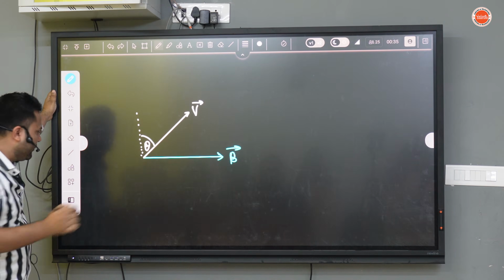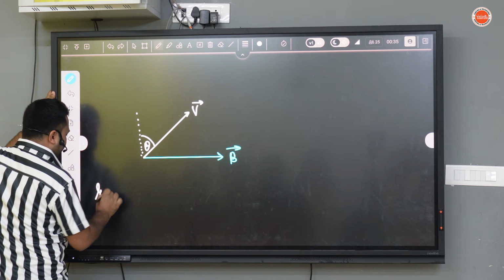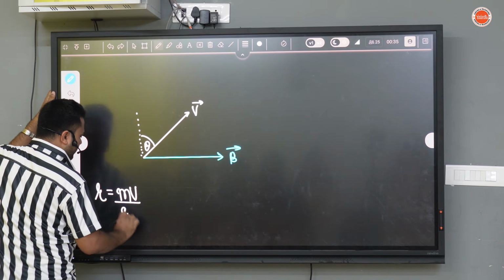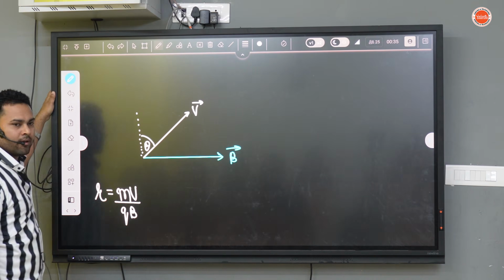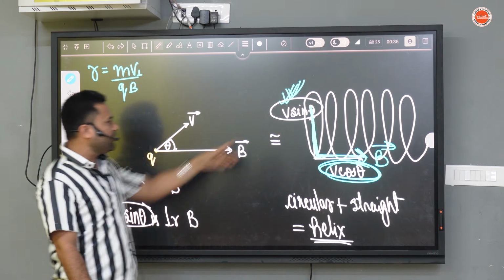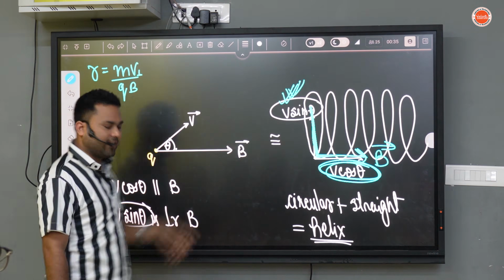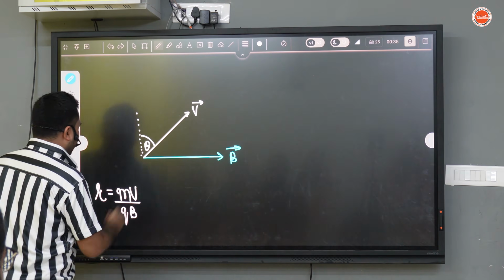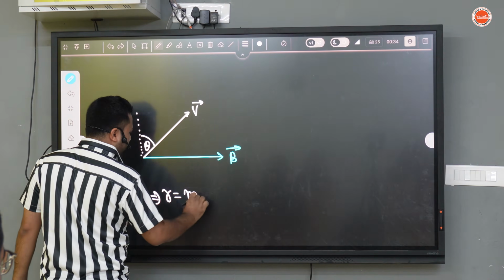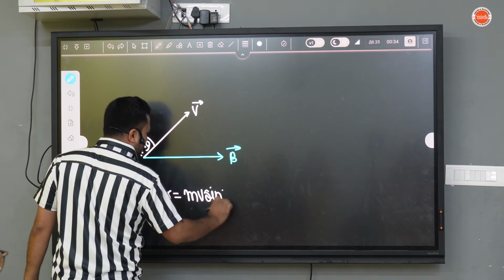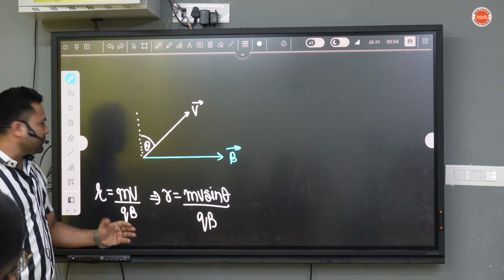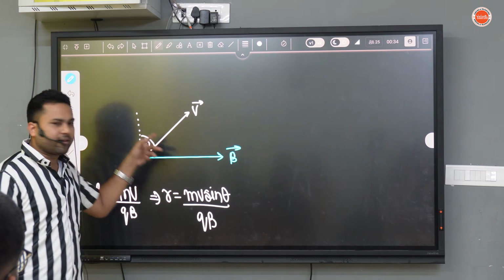If you have remembered this formula, R equals mv by qB, and v perpendicular, suppose you have mugged up that v perpendicular was v sin theta, then if I ask what will be the radius of the circle, you will write, sir, radius equals m v sin theta by qB. The problem is actually they have changed theta from here to here.